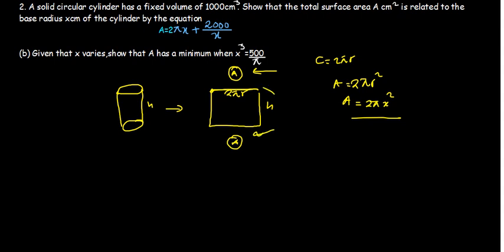Now what will be the area of this curved part? The area of this one is the area of a rectangle, just length times breadth. That is going to be 2 pi r, we are using x, and then multiplied by h. Because we want the total surface area, we just add this and also this one. So let's go on and do that.